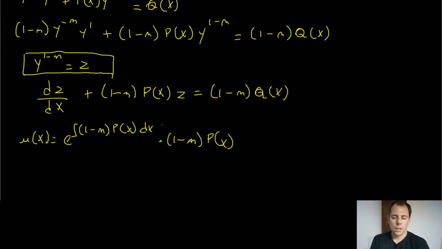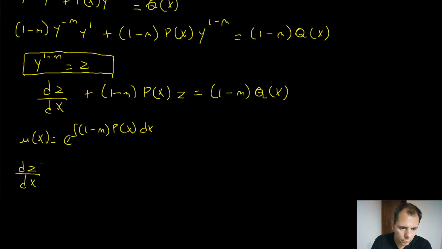All right? So all you've got to do is multiply everything now by this u of x. So you see, I'm going to do this very slowly, but it's going to be already the same thing. dx, and then you have times e to the integral of 1 minus n times p of x dx, okay?